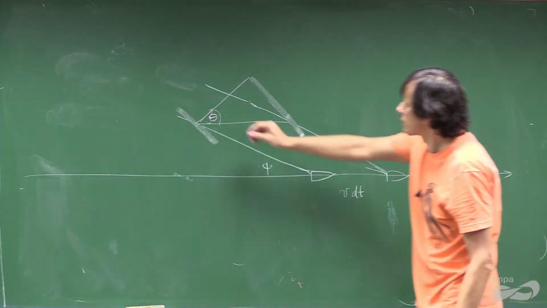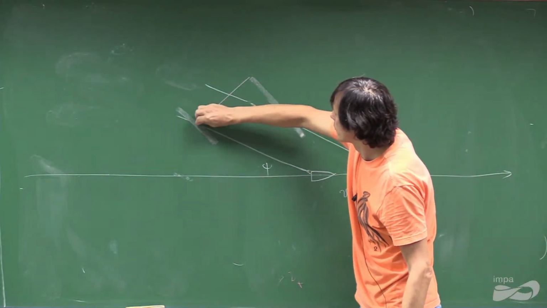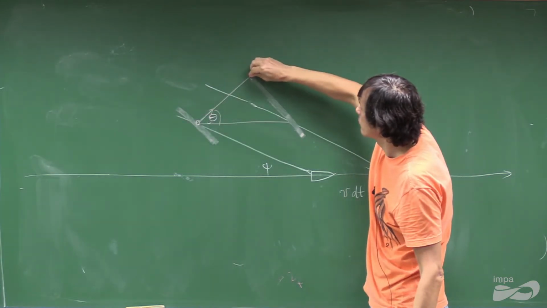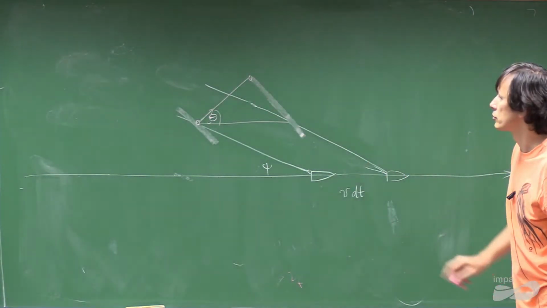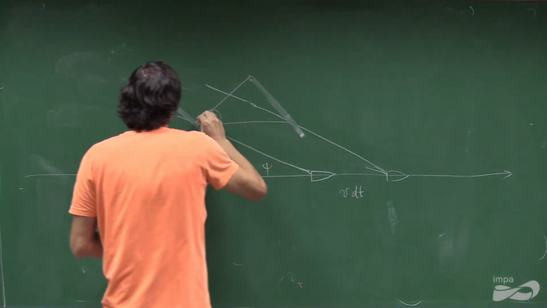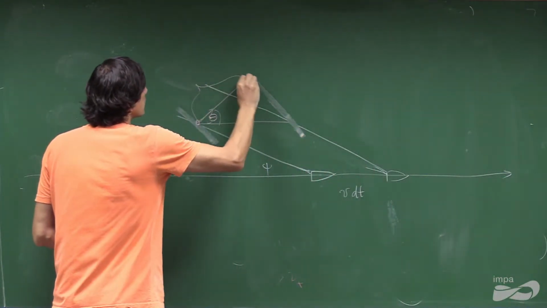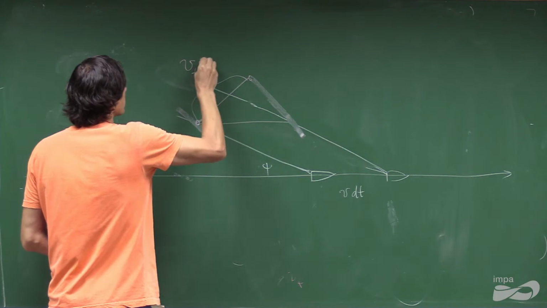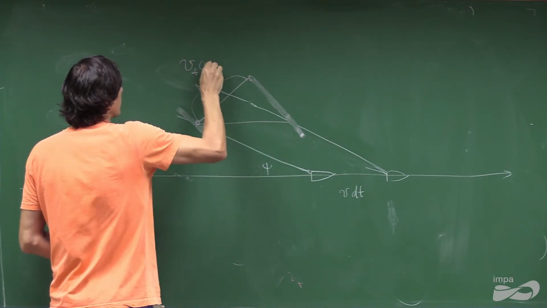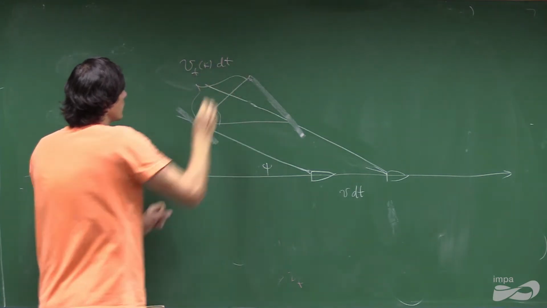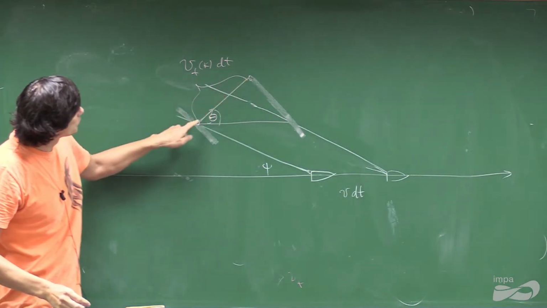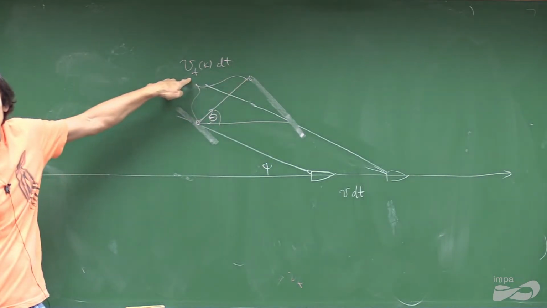It means that this point of the crest had to arrive at that point, which means that this distance is Vf(k) dt, because the crest of the wave moves with the phase speed.